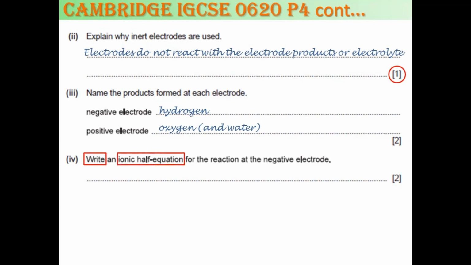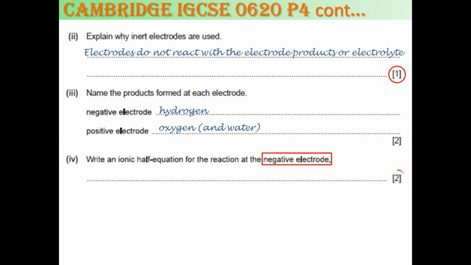We move on to the next one. Here we are required to write an ionic half equation. The ionic half equation should always be balanced. It is for the reaction that's happening at the negative electrode, and the negative electrode is the cathode.